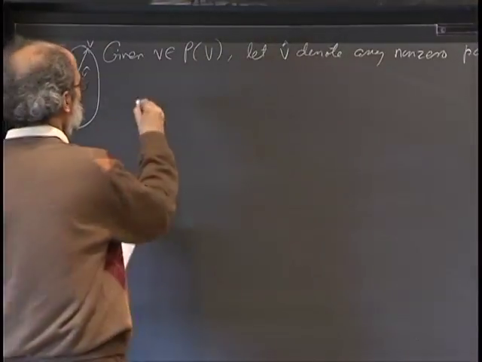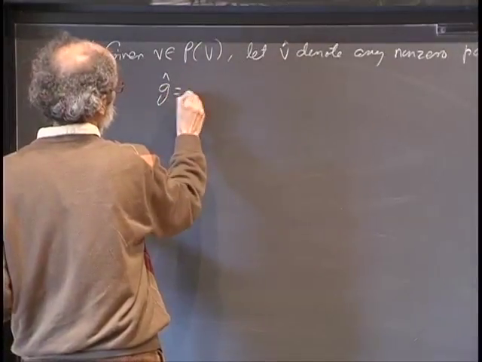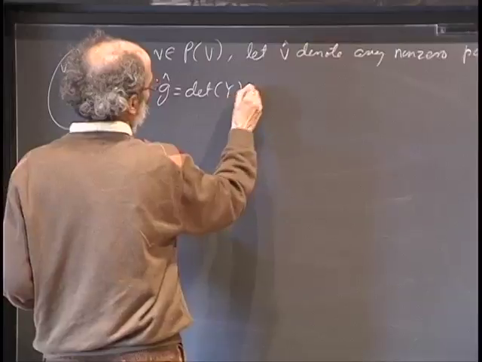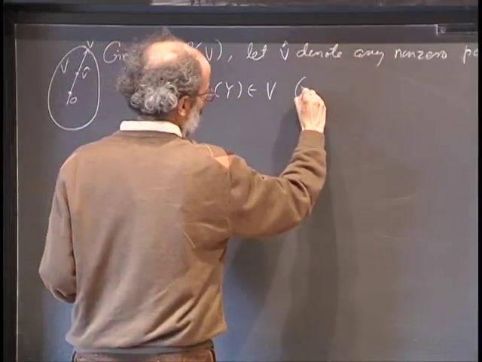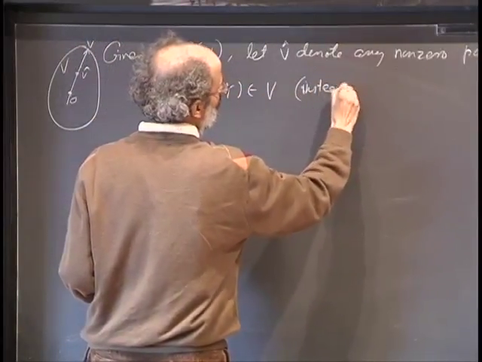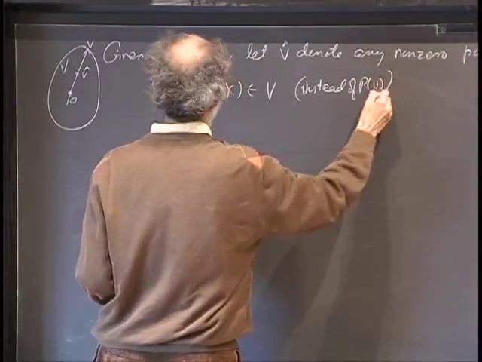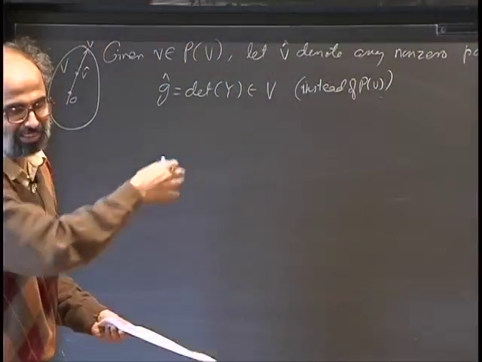So for example, whenever we think of determinant as a point in V instead of PV, we will denote it by G hat, otherwise there is confusion, like there was confusion last time.